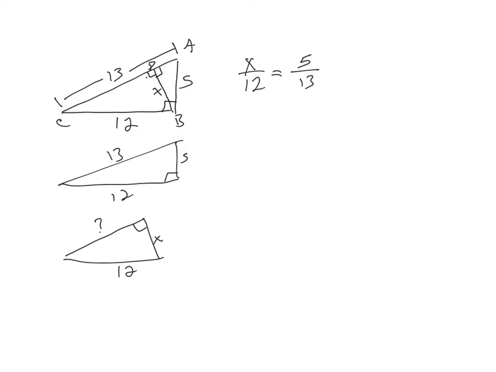And like the other chapter, I said, well, you can reverse the 5 and the 12 if that helps. And honestly, it doesn't. If I put the 12 on top and the 5 on the bottom, or the 13 in the x, nothing happens. So we'll just multiply the diagonals. Okay, and then divide.